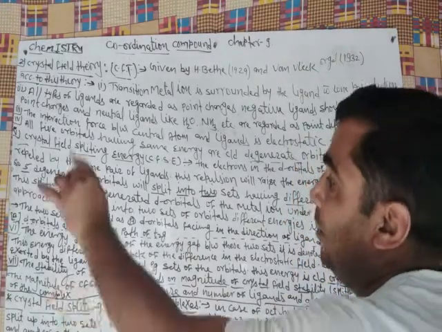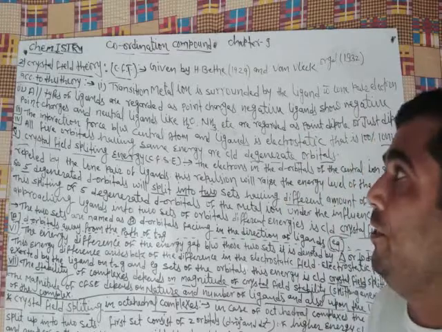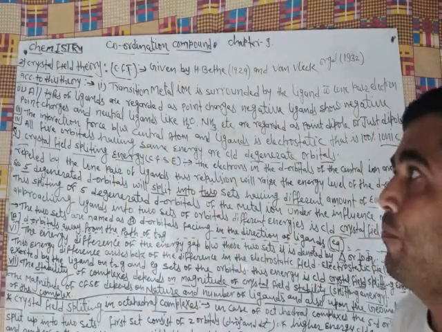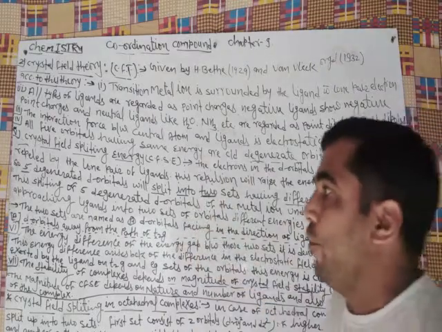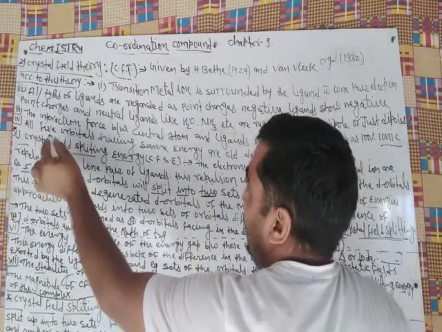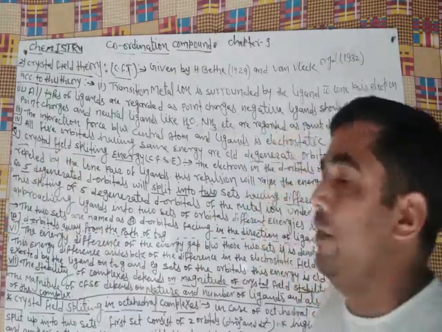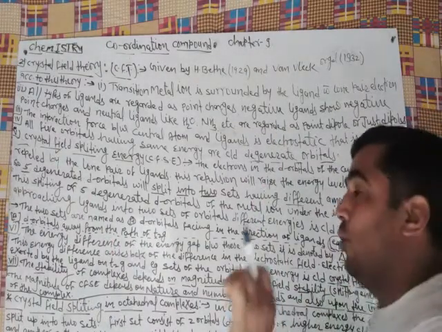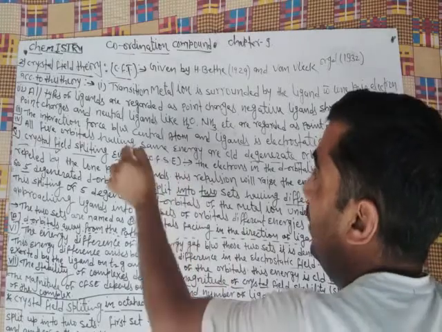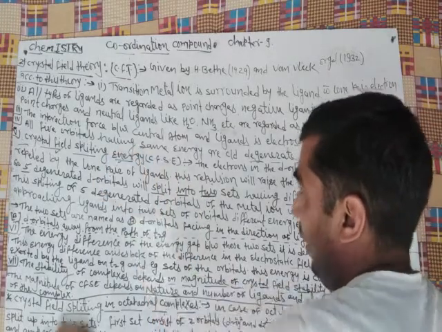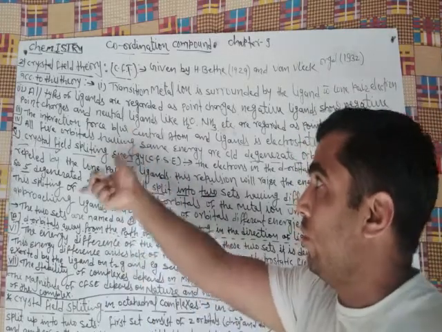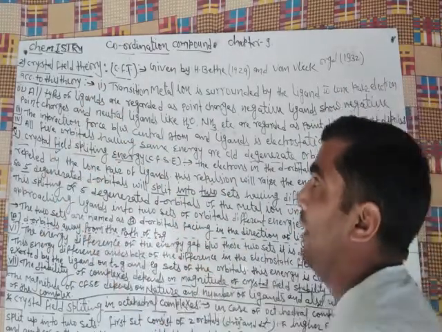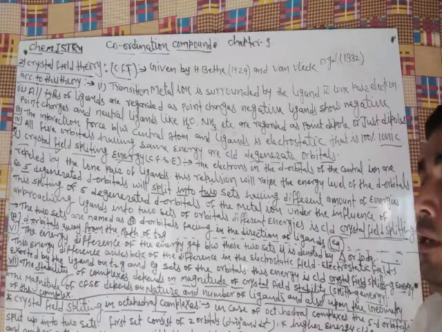These are the postulates of crystal field theory. Crystal field splitting is important in this theory; write a short note on splitting in the exam. So the following points explain the CFT.